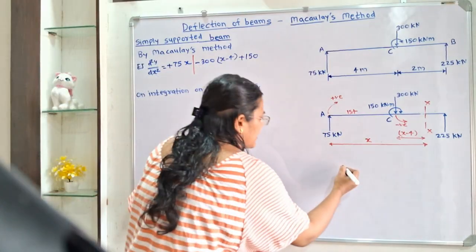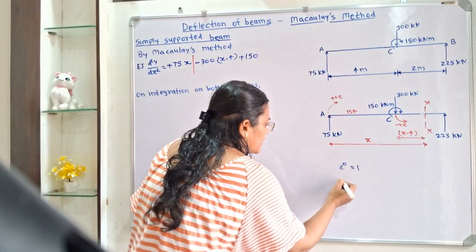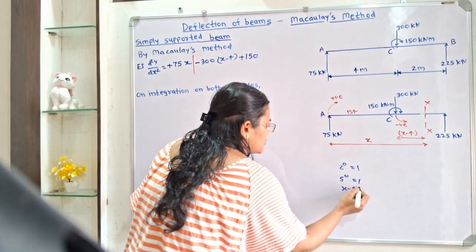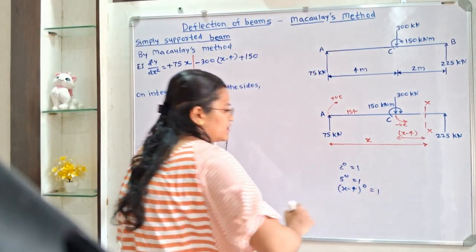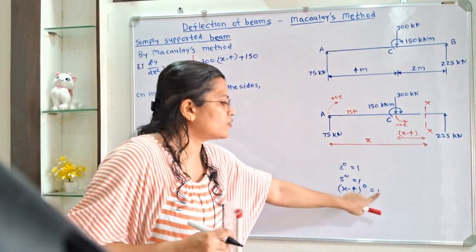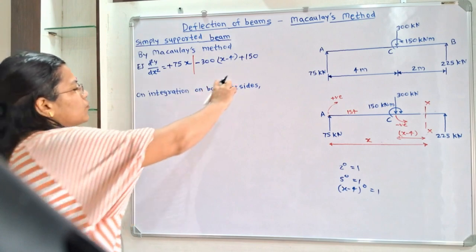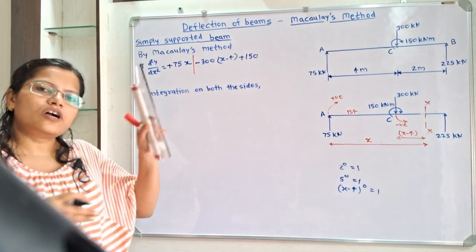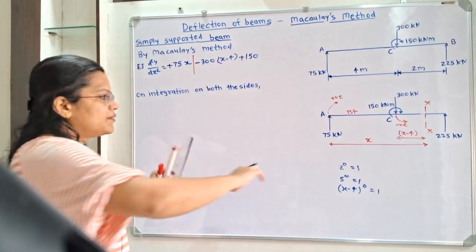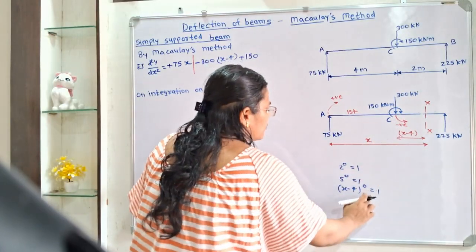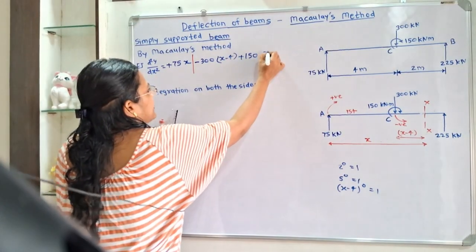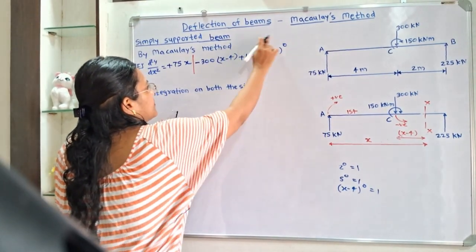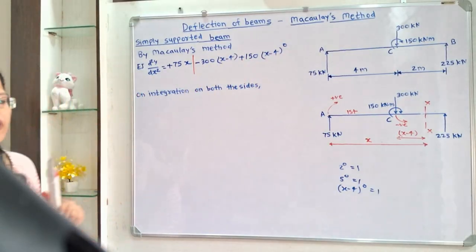If I write 2 raised to 0, it is 1, 5 raised to 0, it is 1, in the same way x minus 4 raised to 0 is 1. So we take this moment as it is, and we also mention the distance, which should be equal to 1. So I will write here x minus 4 raised to 0. So this term is equal to 150 only.